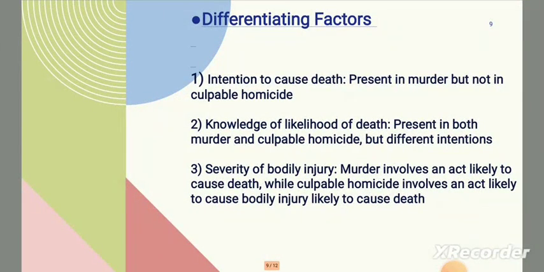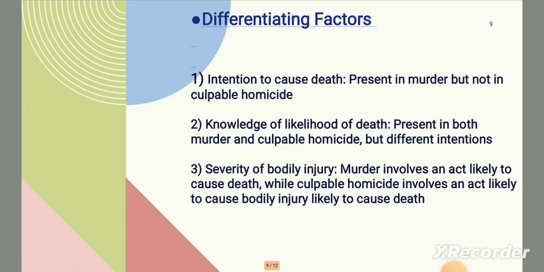The most important part of this presentation is the differentiating factor, which means the difference between murder and culpable homicide. The first thing is intention to cause death, present in murder but not in culpable homicide.